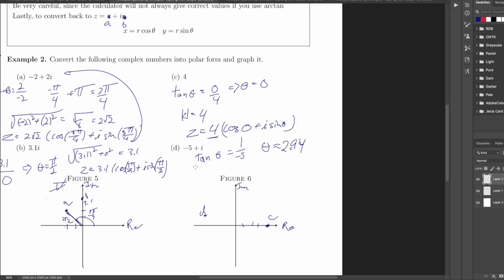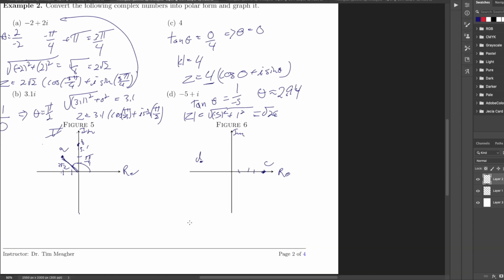And then here, the modulus, or the absolute value, would be the square root of negative 5 squared plus 1 squared, gives us the square root of 26. And that's it. I didn't really leave myself room, so I'm just going to write it down here.